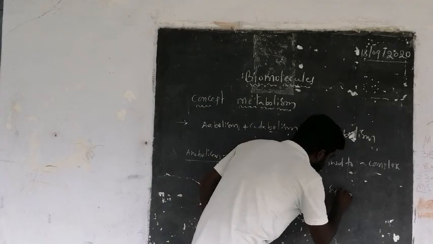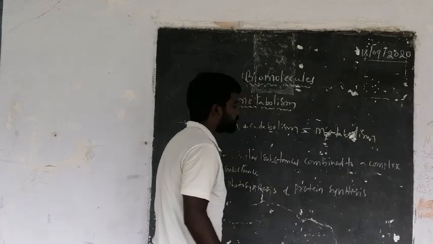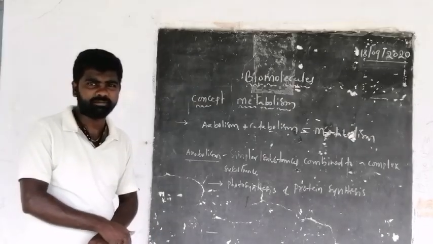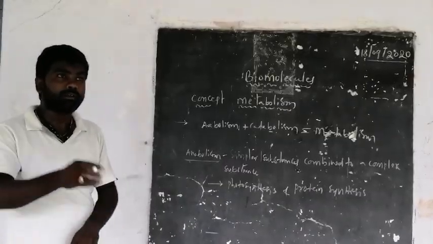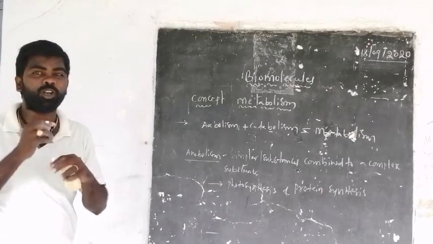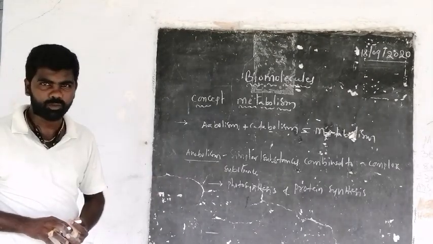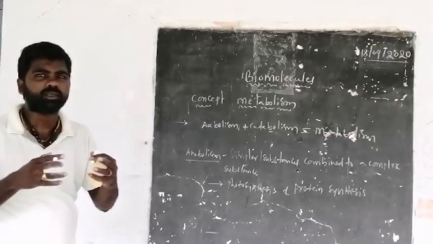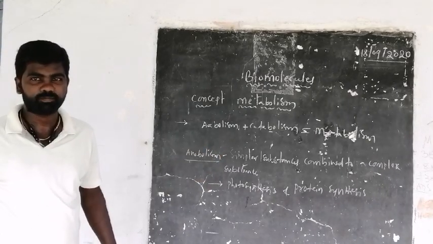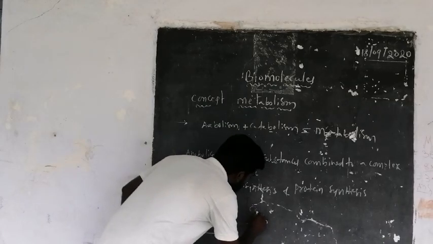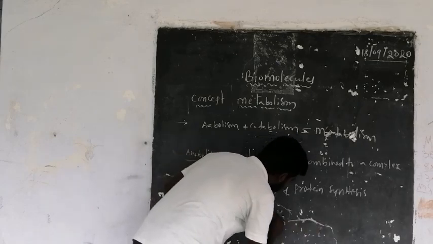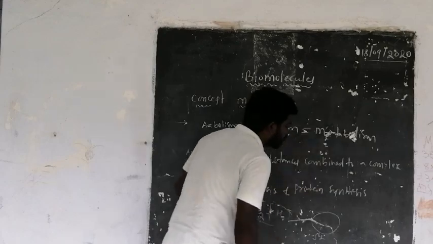In photosynthesis, carbon dioxide and water combine with the help of sunlight, and a carbohydrate or glucose molecule is constructed. So simpler substances, carbon dioxide and water, combine to form a complex substance, a starch or glucose molecule.